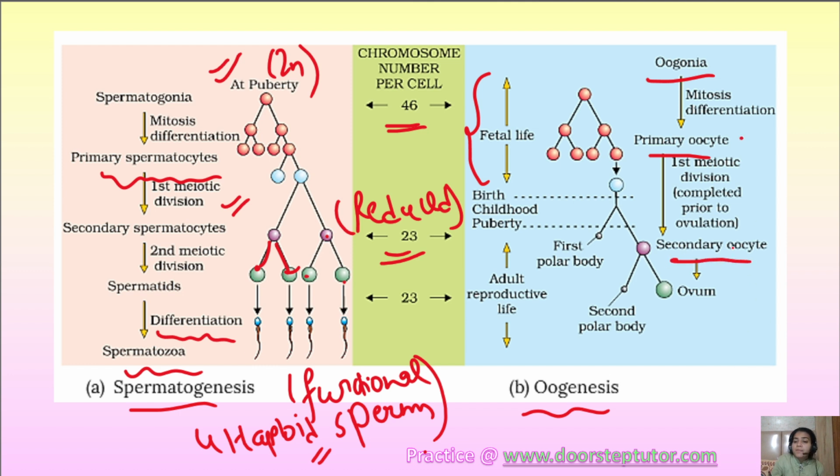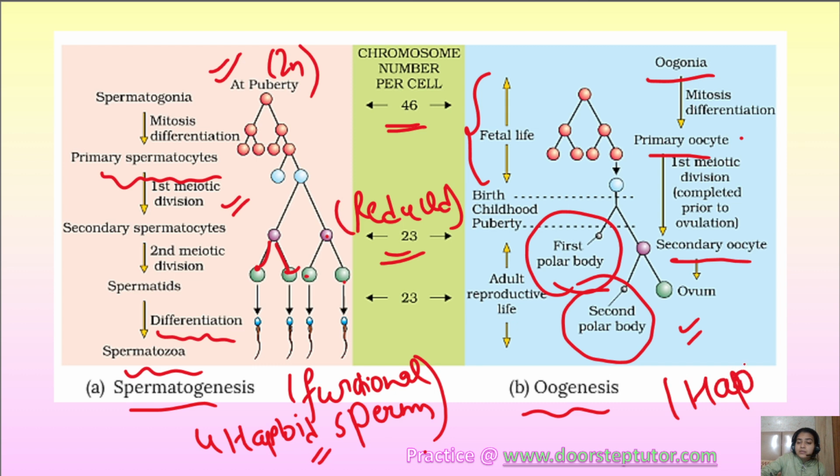From the secondary oocyte, the ovum is produced, but the first polar body and second polar body are also produced. That's why only one haploid cell is produced from an oogonium, while in spermatogenesis, four haploid cells are produced.